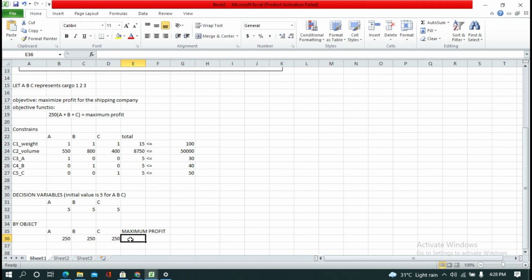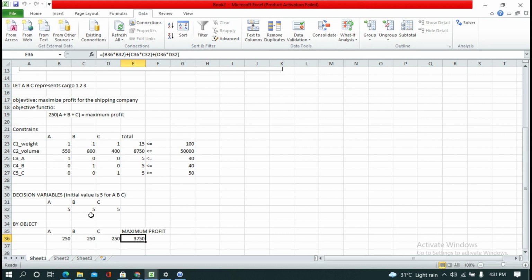So by our objective function, we have here cargo A multiplied by this, then plus this one in here times the initial value, plus this one in here times the initial value of cargo C, which is 5, then equals.